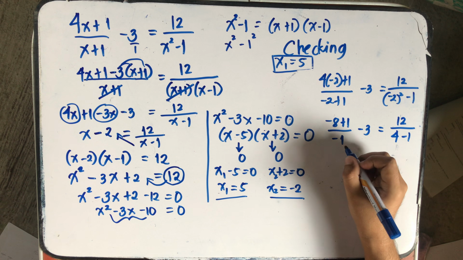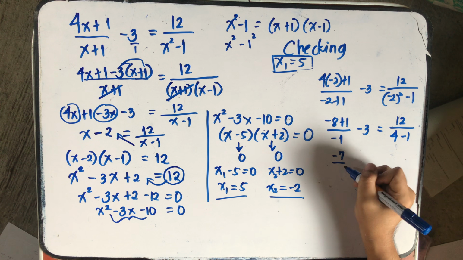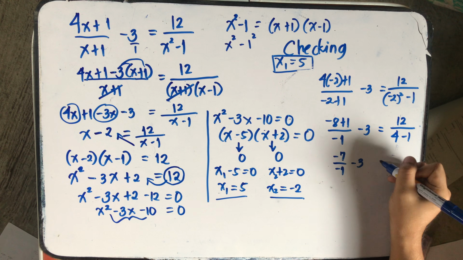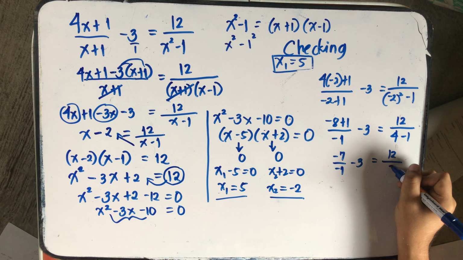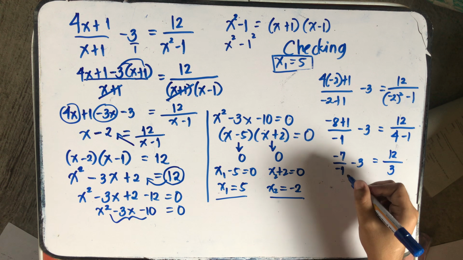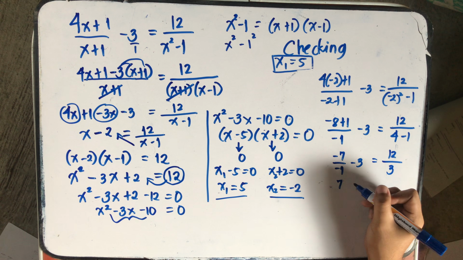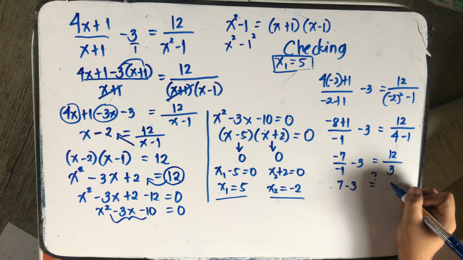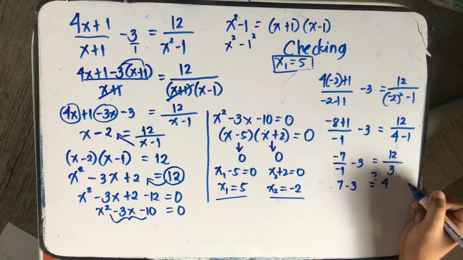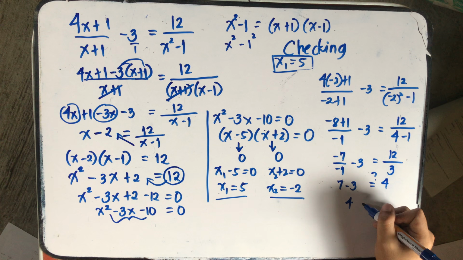And this becomes negative 7 over negative 1 minus 3 is equal to 12 over 4 minus 1, which is 3. Negative 7 over negative 1 will give us an answer of positive 7 minus 3. Is this equal to 12 over 3? And what is 12 over 3? That is 4. 7 minus 3 is equal to 4.